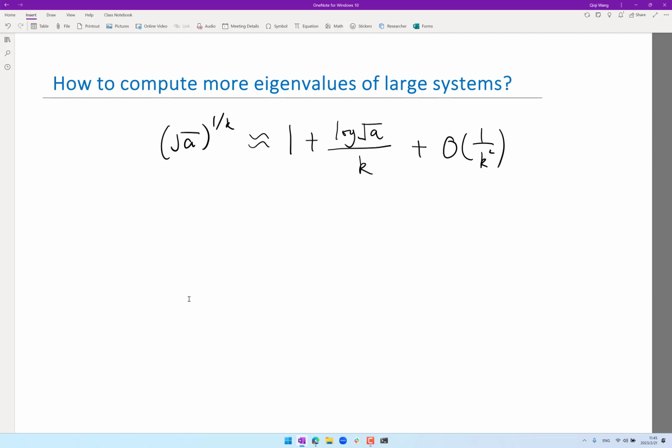So this is the Taylor series expansion of an exponential function. As k gets bigger and bigger, 1 over k gets smaller and smaller, and the error term caused by this A floating around is going to become smaller and smaller. It's going to go like 1 over k.